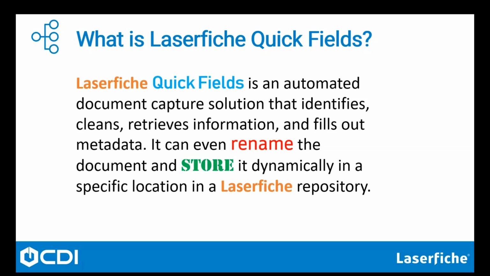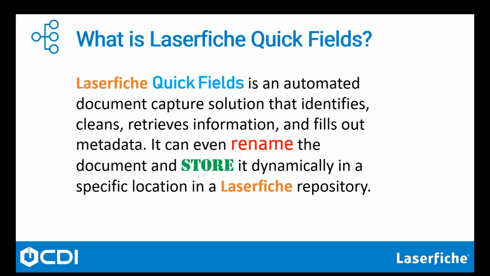So to start things off, what is quick fields? In a nutshell, Laserfiche Quick Fields is an automated document capture solution that's able to identify, clean, retrieve information, fill out metadata. It can even rename documents, store it dynamically in a specific location in your Laserfiche repository.